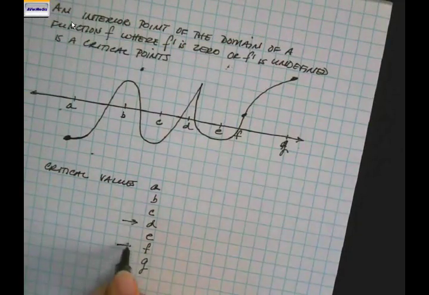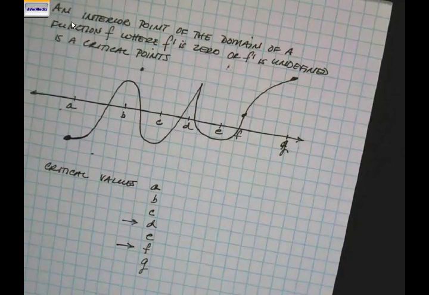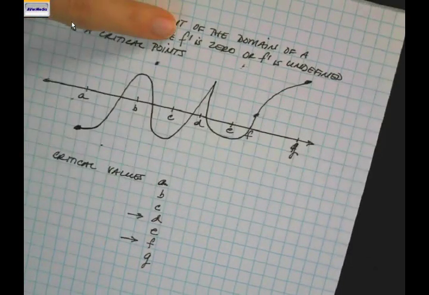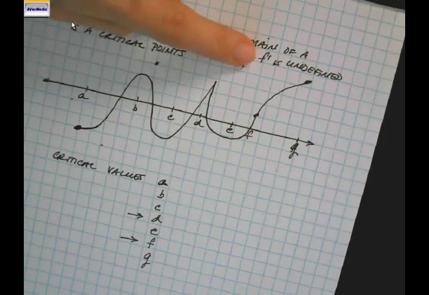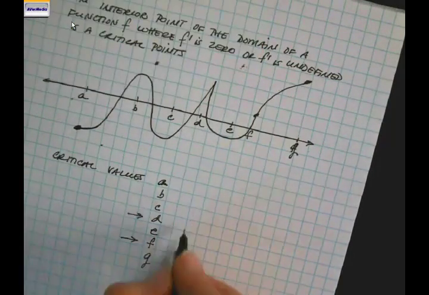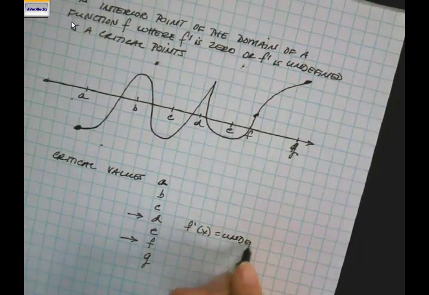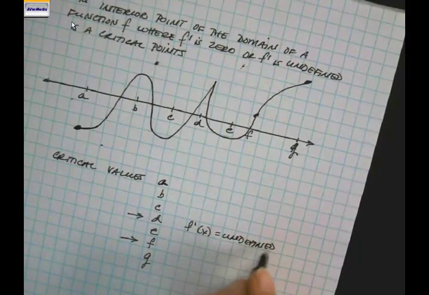When you look at D and you look at F, what's our problem here? That's where that first derivative is undefined, right? Because you've got a cusp and you have a vertical tangent line. But remember, critical points occur where the first derivative is 0 and where it's undefined, right? So at D and F, this is where f prime of x is undefined, but that is still considered a critical point.